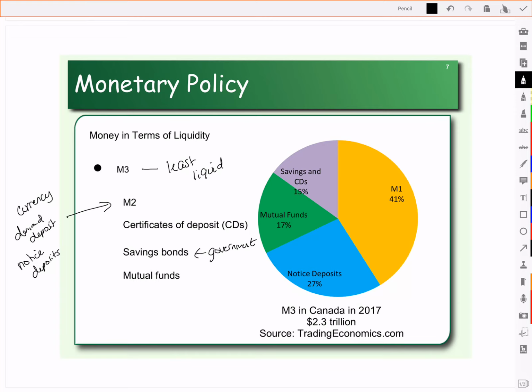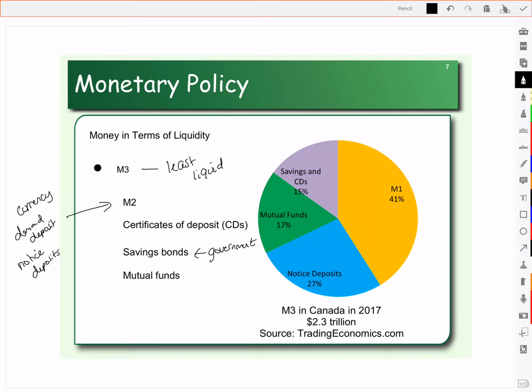When we break that down, you find that about 41% of that is the most liquid form, so currency and demand deposits. About 27% of that is money in checking accounts.